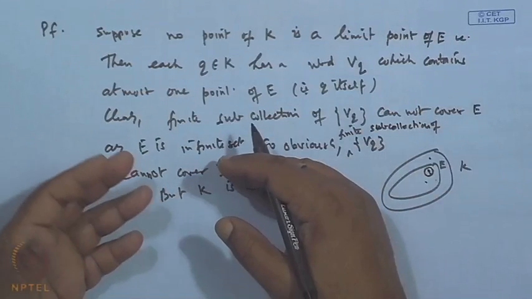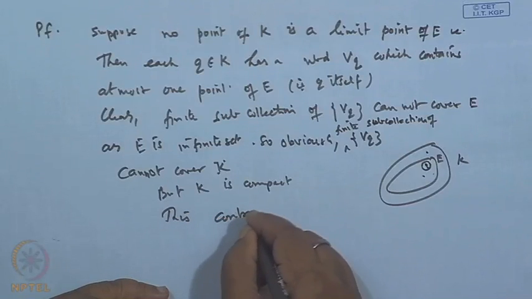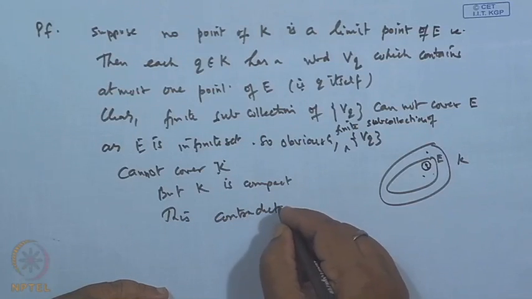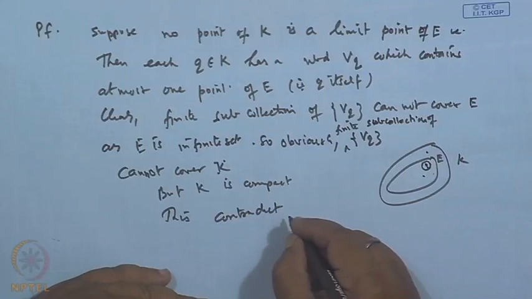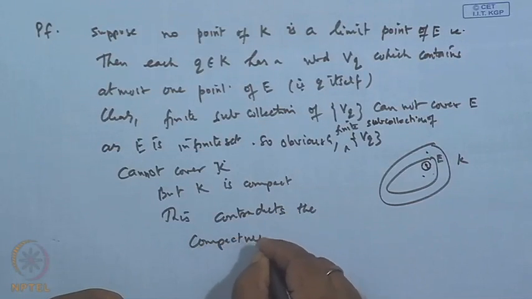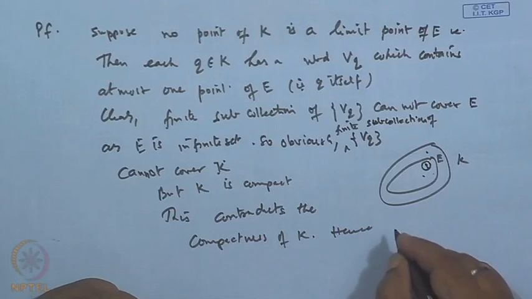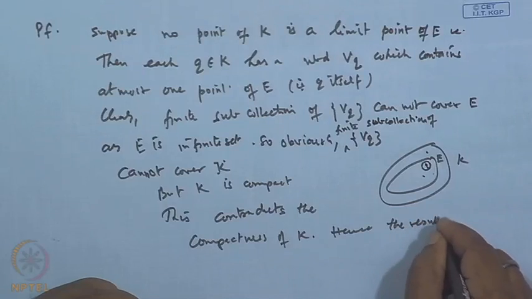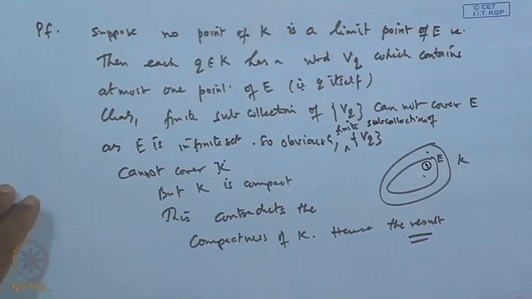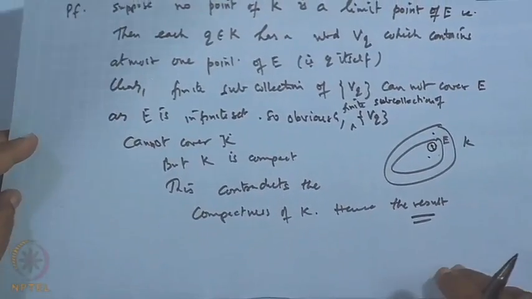So, if a finite subcover must cover K, which is a contradiction because it does not cover K. So, this contradicts the compactness of K, hence the result follows.